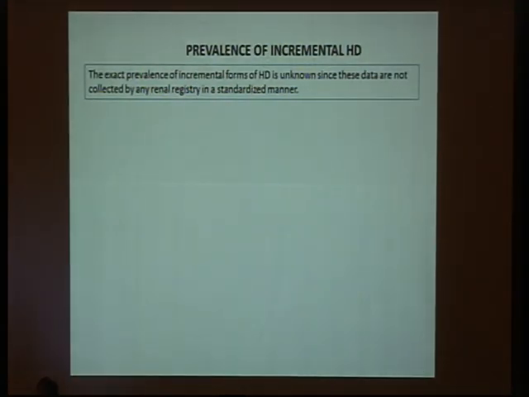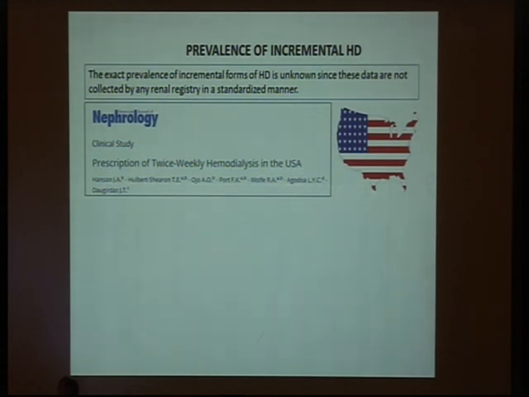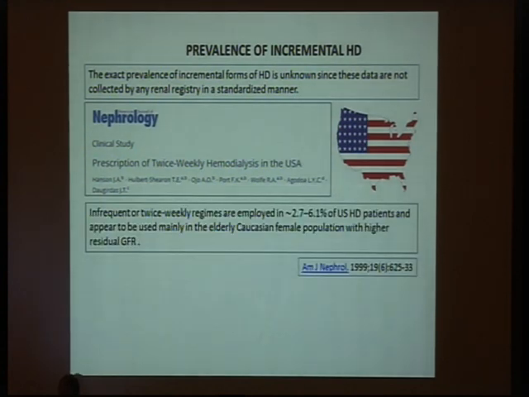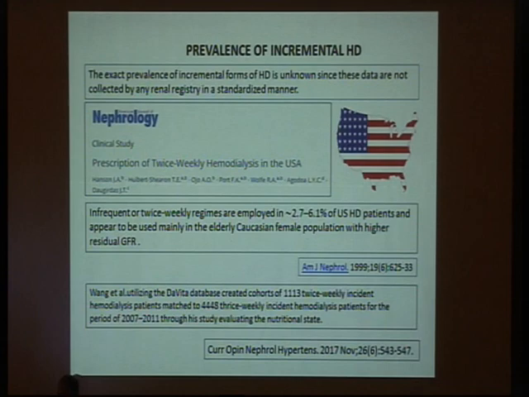The exact prevalence of incremental hemodialysis is unknown because there is no renal registry studying these parameters in a standardized manner. But we can find from data in the United States that in 1999, up to 6% of United States hemodialysis patients were on twice-weekly hemodialysis or incremental hemodialysis.